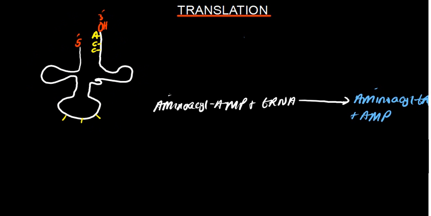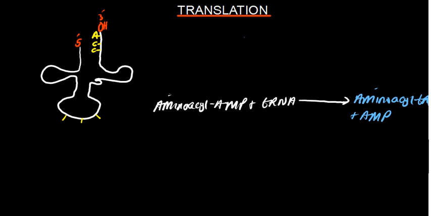So let's focus our attention at the 3' end here. At the 3' end here, we can see this hydroxyl group. You know the monomers of all nucleic acids, like DNA and RNA, at the 3' end there is always a hydroxyl group. So that is what we have there at the 3' end.